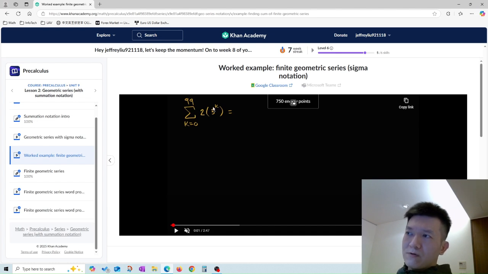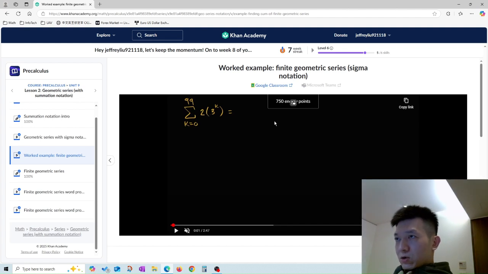Because 3 to the power of 0 is 1, so 1 times 2 is just 2. And what about our next term? Term 2 will be 6. Term 3 will be what? 3 times 6 is 18. So we are multiplying by 3 for each term in this series. Okay?